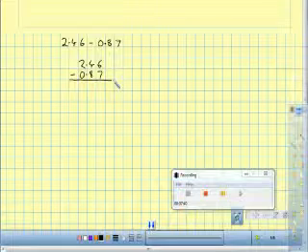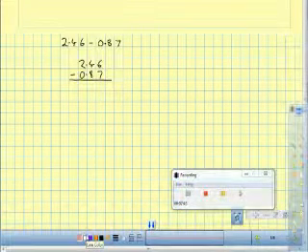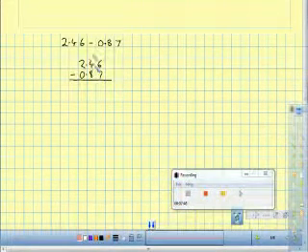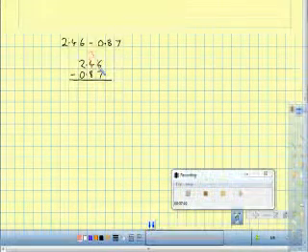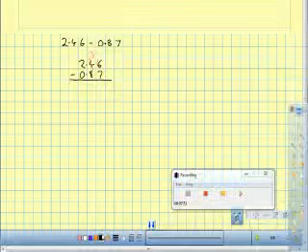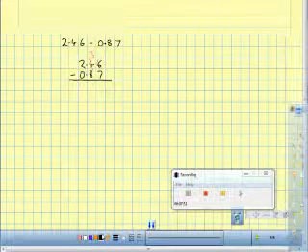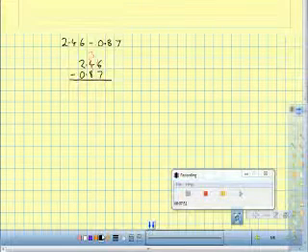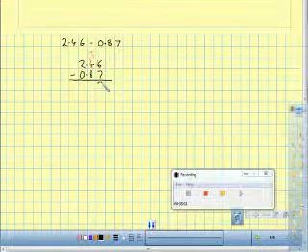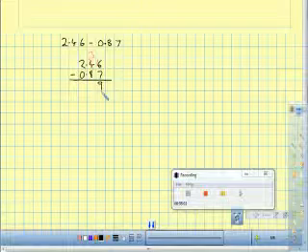It's the same thing, the 6 cannot take the 7. I will decompose, make that 3. That now becomes 16. Okay, 16 hundredths taking away 7 hundredths is going to give me 9 hundredths.